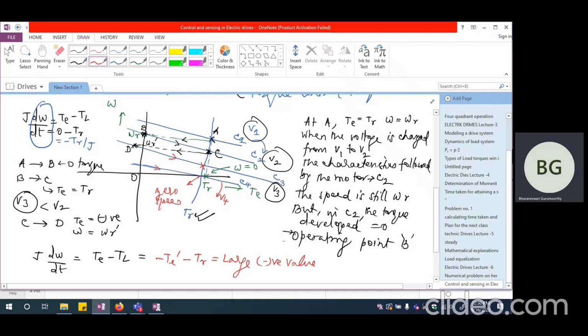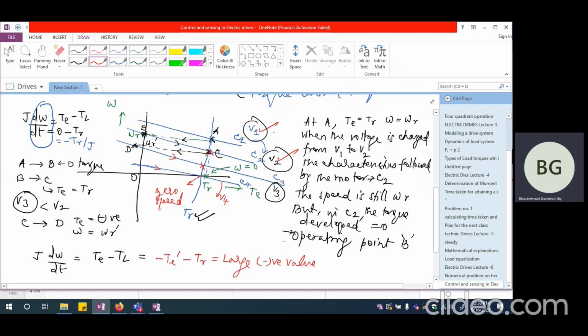So during control of the transient operation of the drive, the drive system has to continuously get a signal that the voltage has to be decreased further and further. Initially, it was at V1. Now it has decreased to V2 to reach the operating point B and then C eventually.